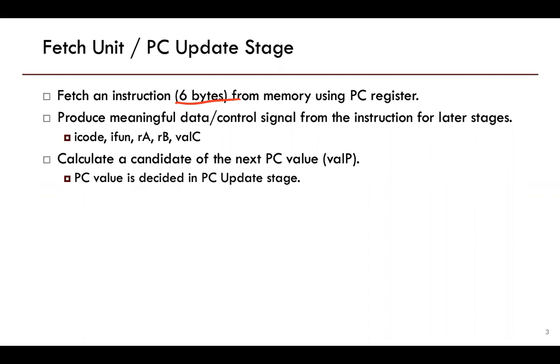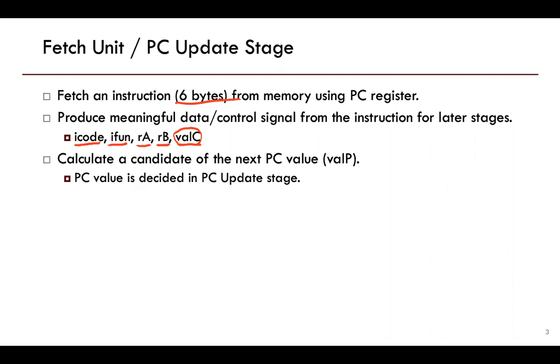So you remember these names like iCode, iFun, rA, rB, valC. You may not know these yet, but what we decoded in the previous slide is actually producing the information for the decoding stage. This is done while fetching the instruction in the fetch unit.